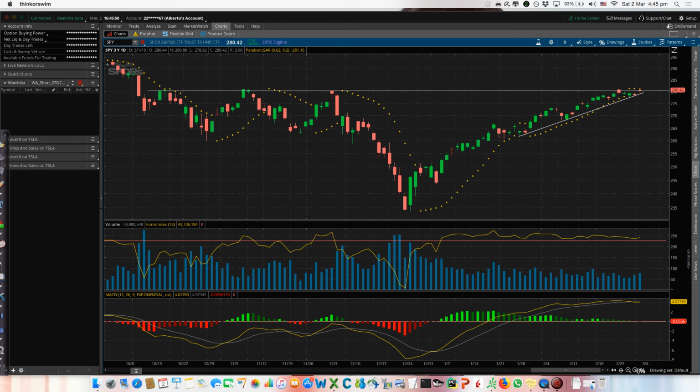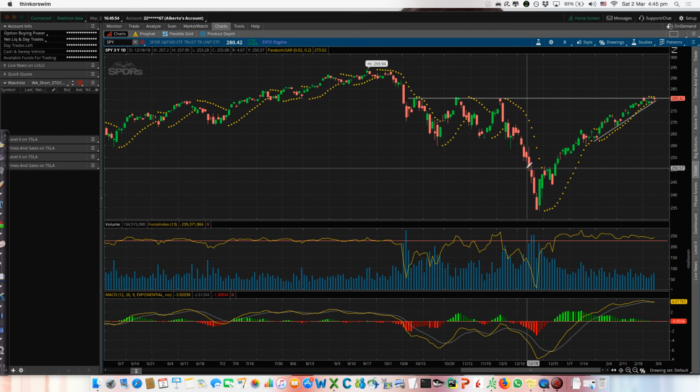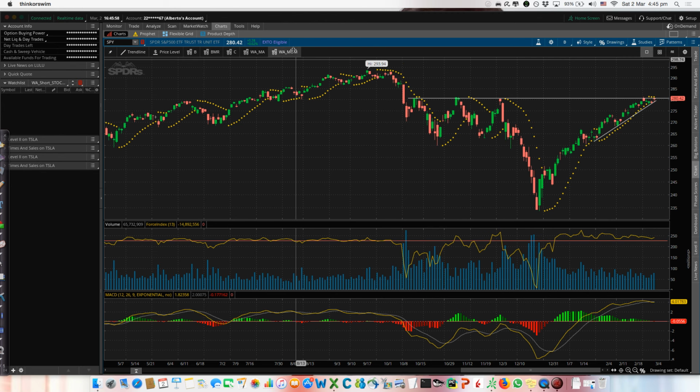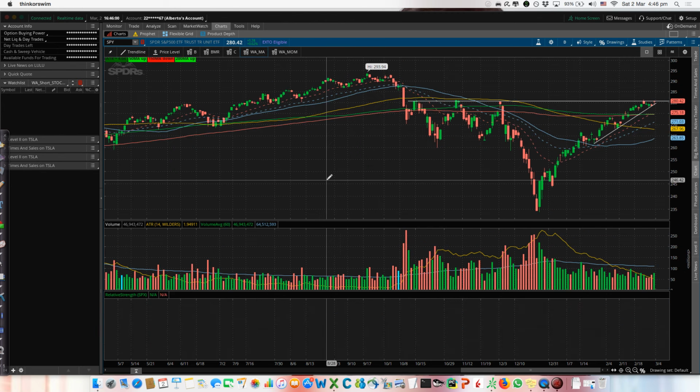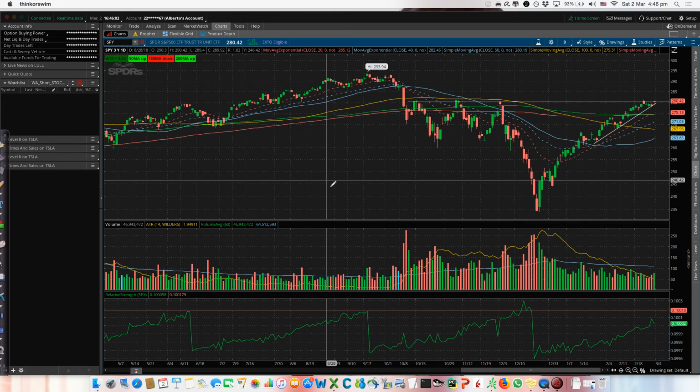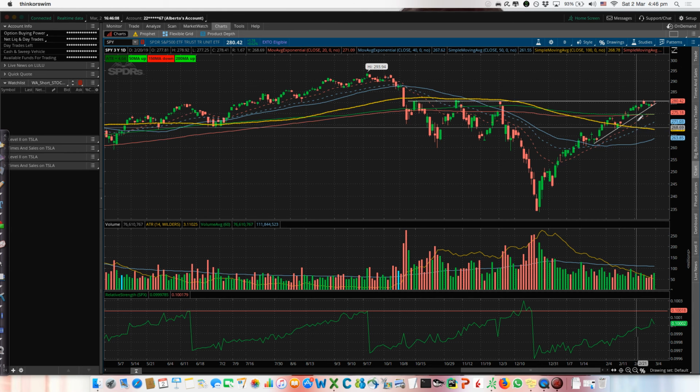Let's look now at the moving averages, that again I've introduced in a previous video, and they are quite useful to identify the trend. Now, moving averages are giving us a different picture. Why? First, the 20 EMA, exponential moving average, is above the 40 EMA.